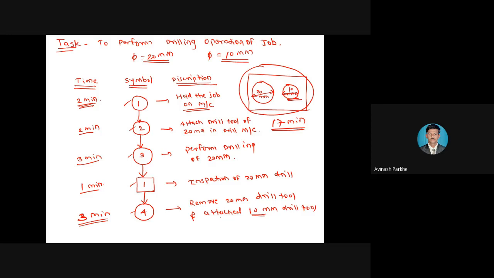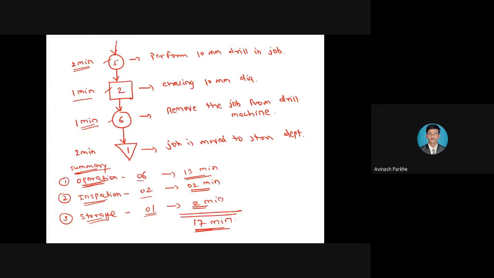But here I have represented one chart in front of you for the drilling operation. Whatever task we are performing from start to end, each and every activity I have represented in a symbolic manner. Here the symbol is represented at the center, the time is represented at the right side, the detailed description I have written, and at the end I have given the summary, and from that summary it has been observed that both the drilling operations I can perform in 17 minutes.